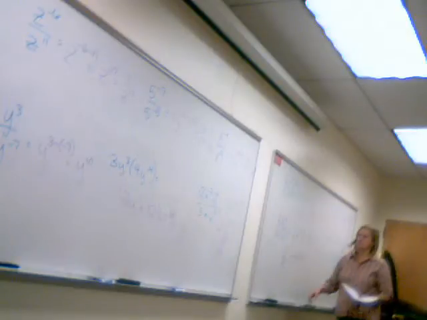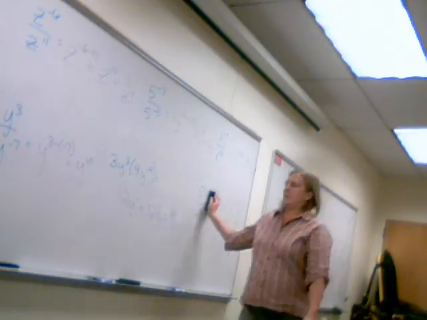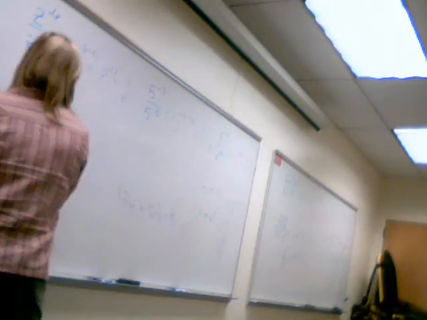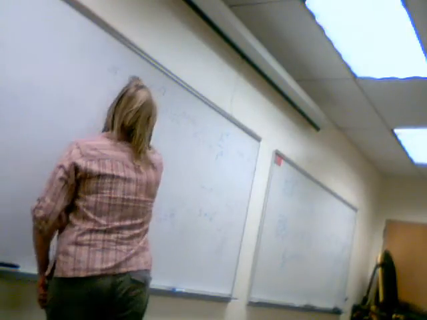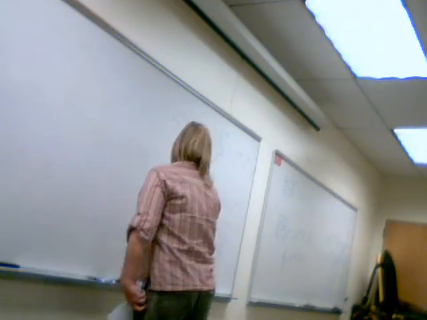Okay, 1.5 pages left. Everyone good? So in that last one with the negative, it stayed the same because I said we had an even exponent. Let's see what happens if I have an odd exponent.